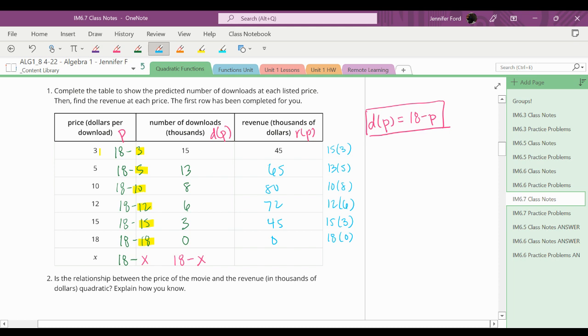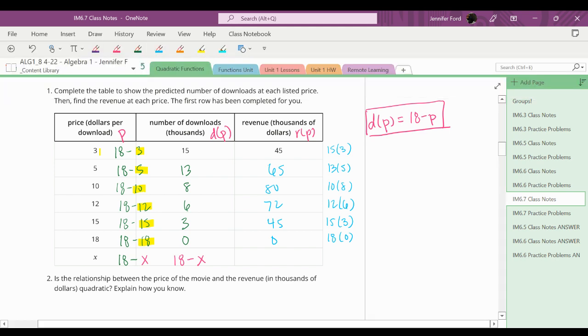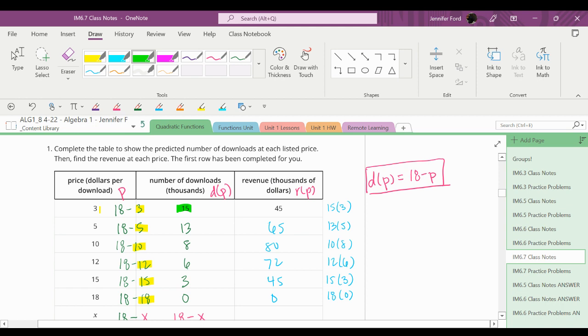Okay. So then for the revenue, what I'm doing is I'm multiplying. I wish I had different colors. Yeah, let's pick this. So I'm going to do green. So I'm multiplying the number of thousands of revenue multiplied by, let's pin that for a second. I'm multiplying the number of thousands of downloads times the price.